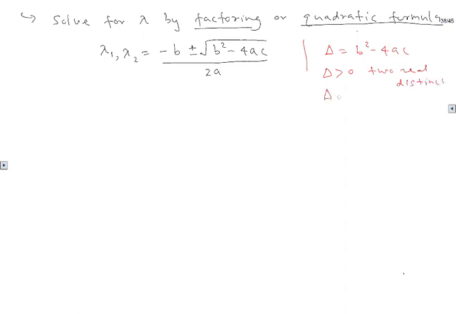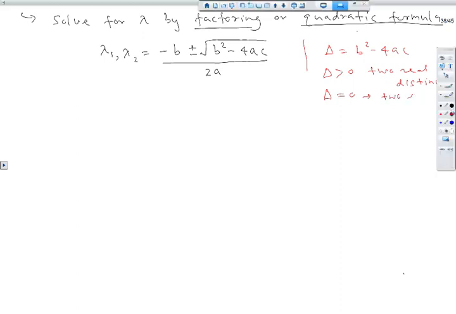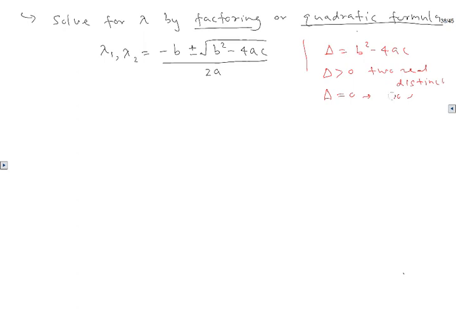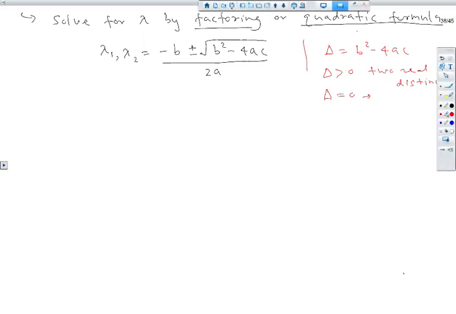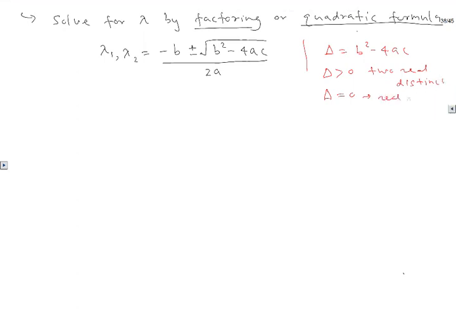If the discriminant is 0, you're going to get two real equal roots, repeated roots. And if the discriminant is negative, you're going to get complex conjugate roots. So that's the case.